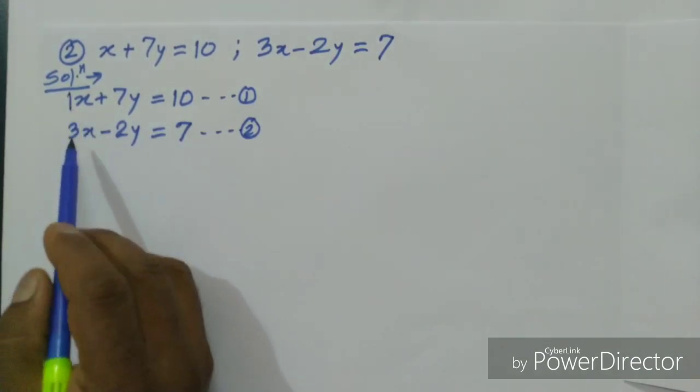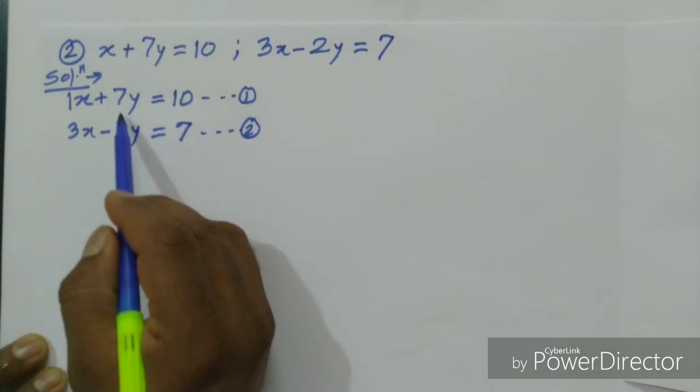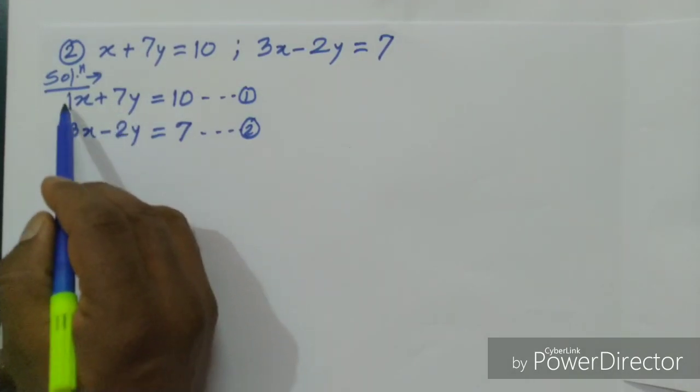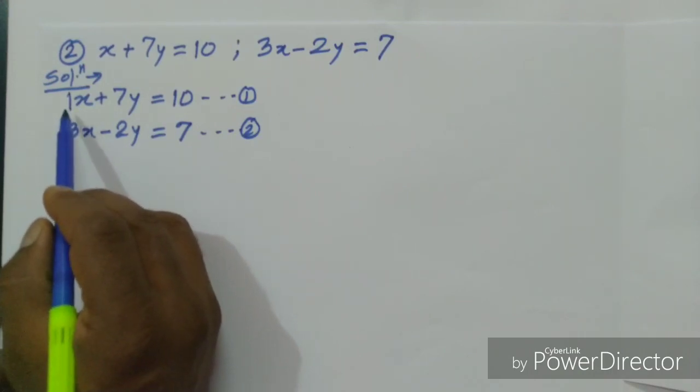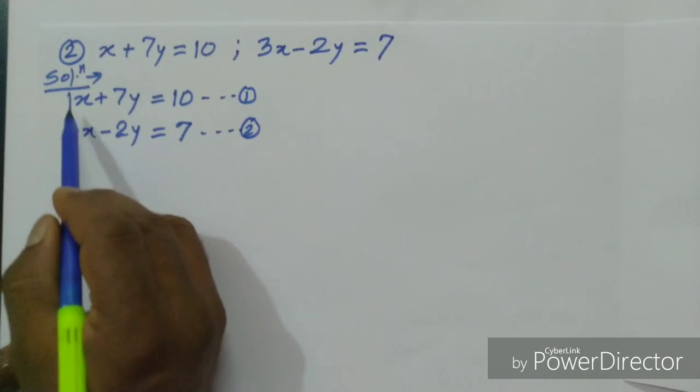The LCM of the coefficients of x is 3 and of y is 14. 3 is smaller, therefore consider the x variable.